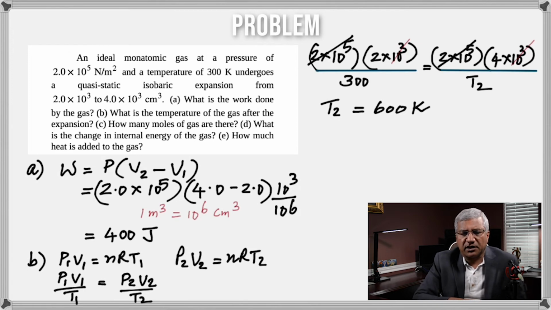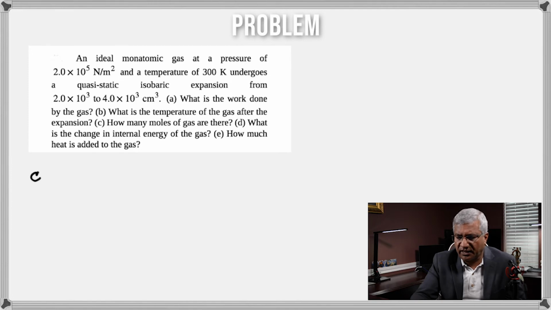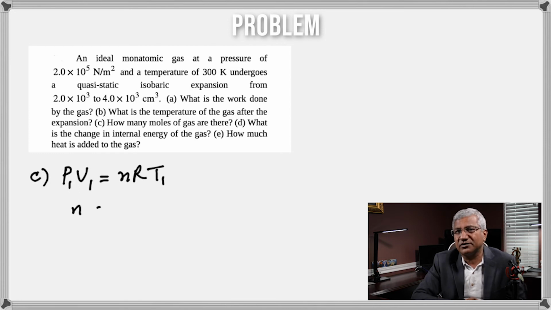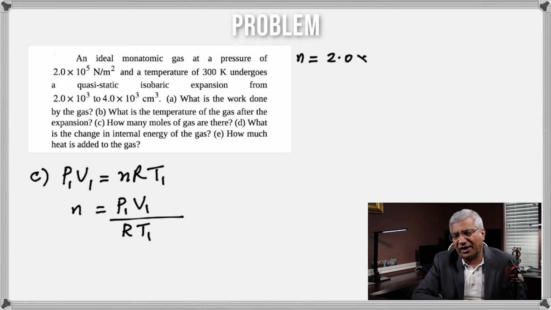In the C part, how many moles of gas are there? So now you're actually trying to find the value of n. How many moles of gas are there? So here's the C part. You can simply use the ideal gas equation. Don't you think so? Because we know all the other factors. We know the pressure, the volume, and the temperature. So it's just a matter of substituting those values and calculating.